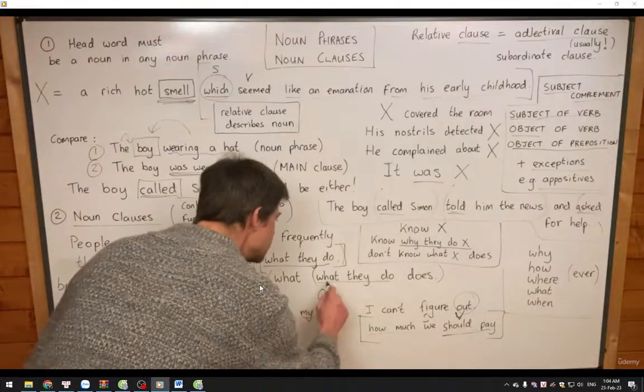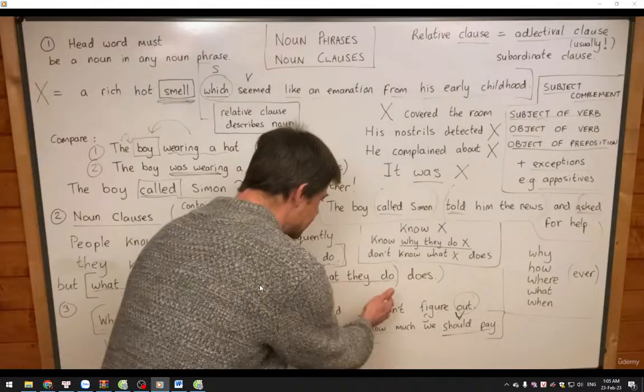"What they do" is one noun clause, and "what X does" is another noun clause. And notice that "what they do", X, is the same again as this one. So people know what they do. Frequently they know why they do what they do. But what they don't know is what they do does. And you've got that noun clause within noun clause again.